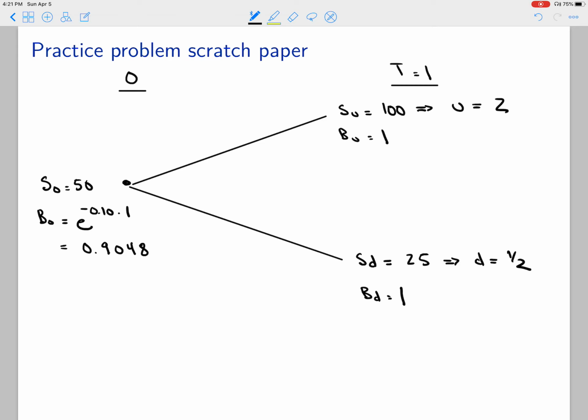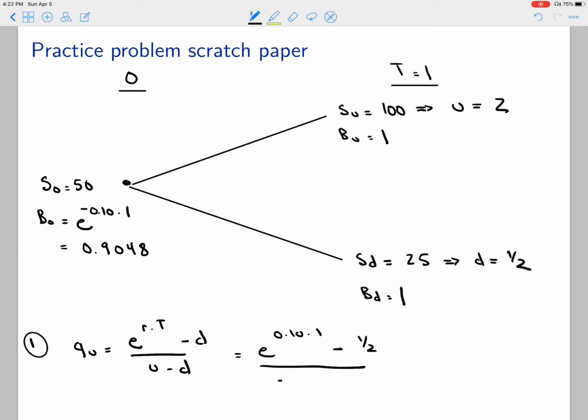In the first question, we want to calculate the risk-neutral probabilities, QU and QD. The risk-neutral probability of the up state, QU, is given by an extremely simple formula: e^(RT) minus D over U minus D. Plugging in inputs, e^(0.10 times 1) minus 1/2, over 2 minus 1/2.